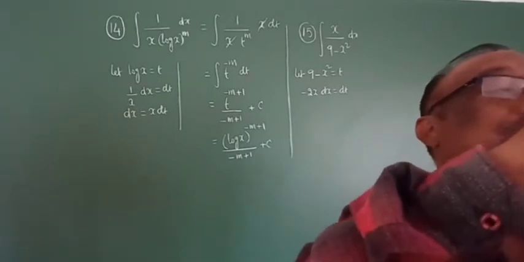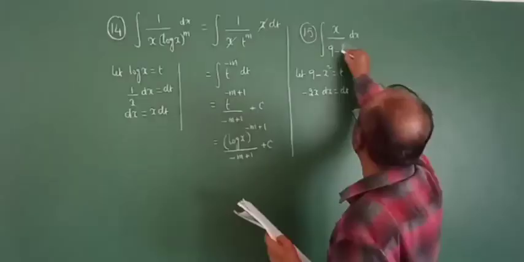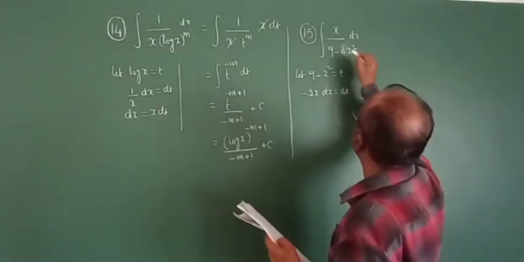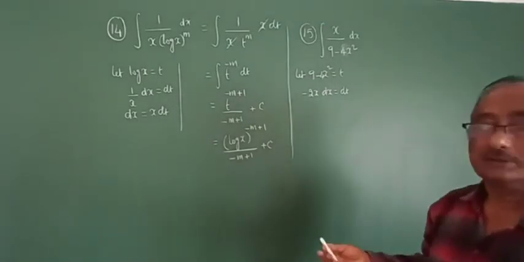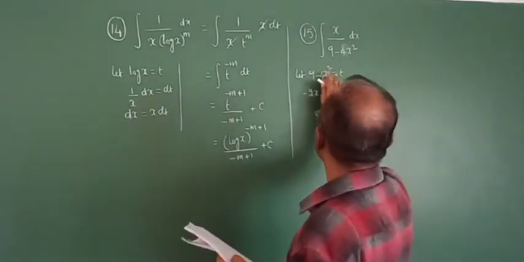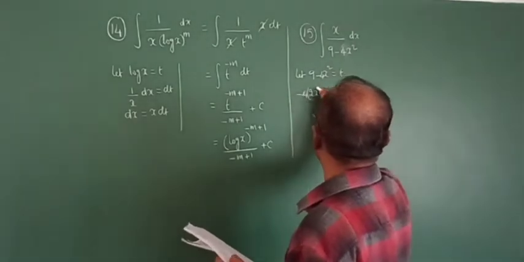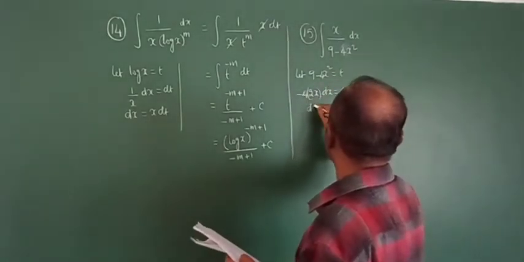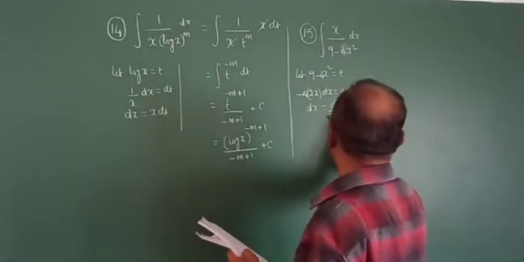So now 9 minus 4x square, right? Let 4x square... let it be t. Immediately the derivative of x square is 2x, so minus 4 into 2x. So dx is equal to dt by minus 8x.